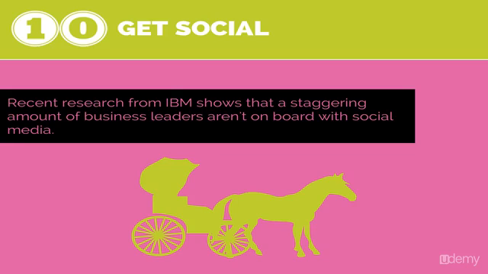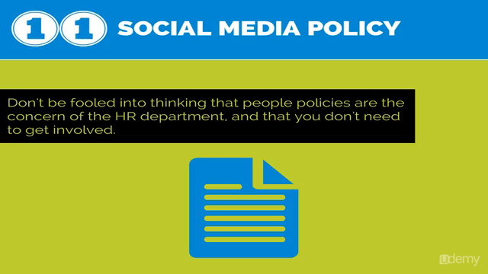It is of course easier said than done, but IBM suggested several ways in which it can be achieved. These included appointing social champions to encourage adoption, providing education around the benefits, and creating clear guidelines to create a feeling of safety.